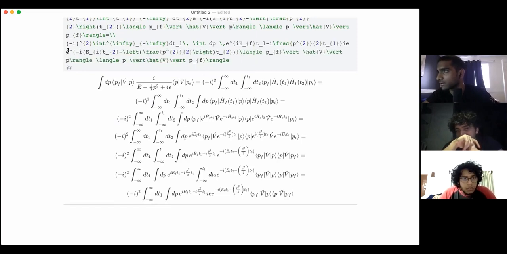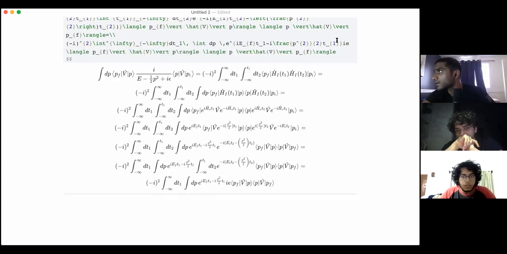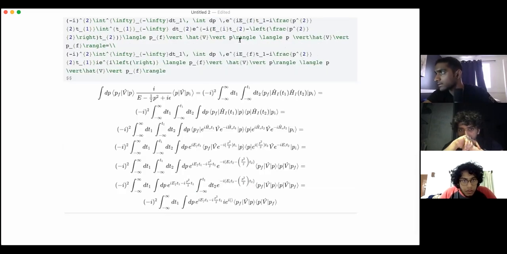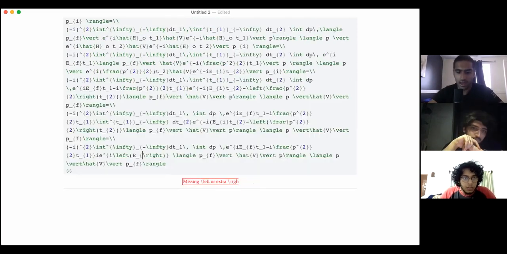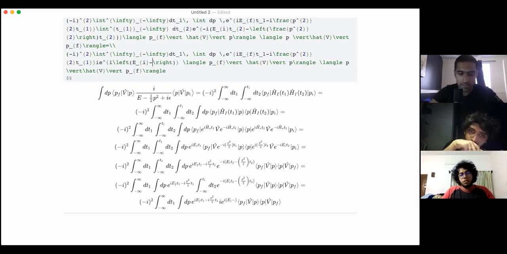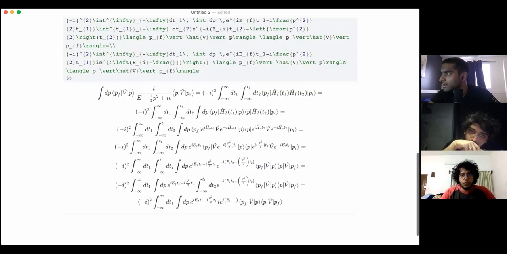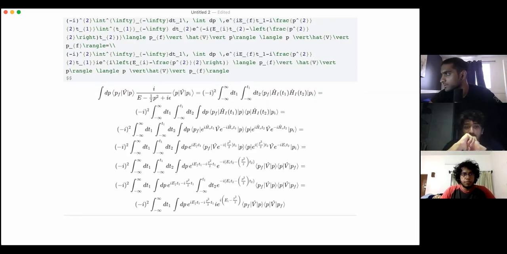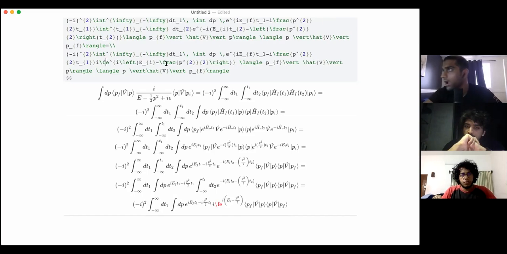So let me just erase all of this, and let's just remember that it's e to the i minus p squared over 2. Kill all this. E to the power i, left and right. Wonderful. So it's e to the i minus p squared over 2 p2 divided by, isn't there a T2 there?